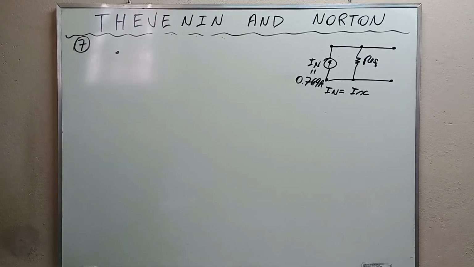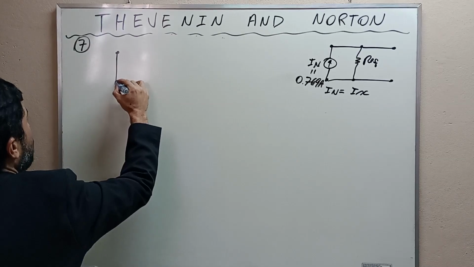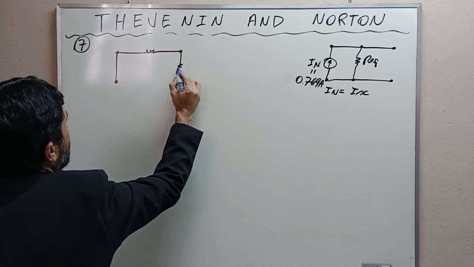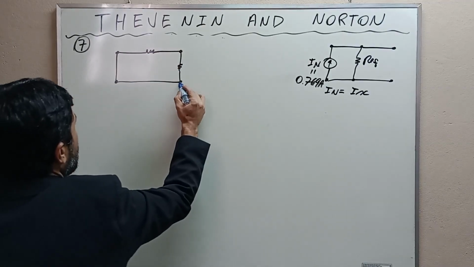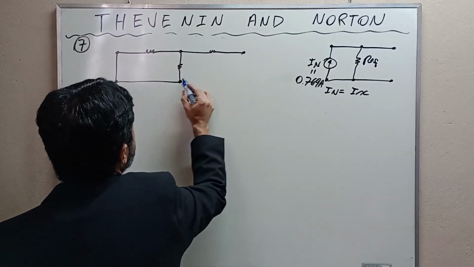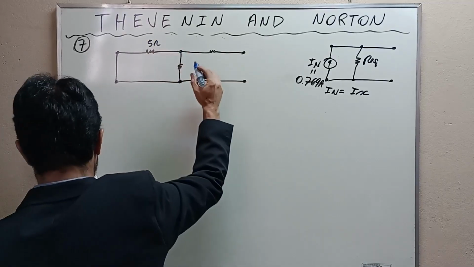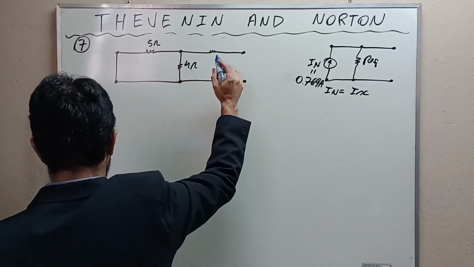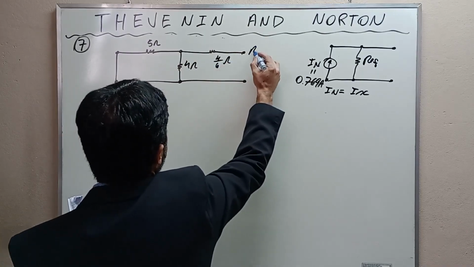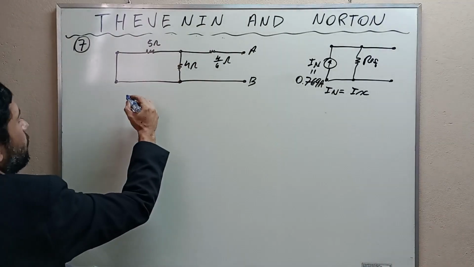A voltage source at rest is a short circuit. So this is 5, this is 4, and this is 4/6, and these are the terminals A and B, and this is in parallel with this.